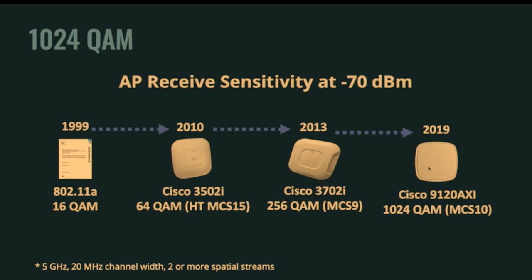That's way above the minimum requirements from the standard. Actually, the standard for MCS 10 says minus 54. So Cisco, in their testing, is beating that by 16 dB. Again, self-reported lab testing, but something's going on that helps explain why clients are able to use that modulation in the uplink.